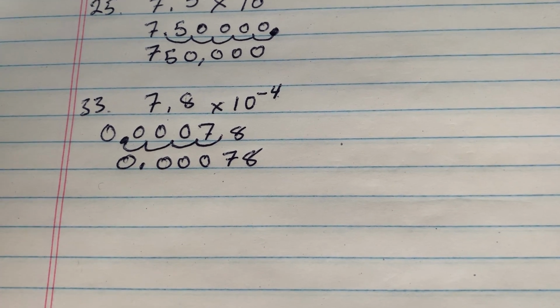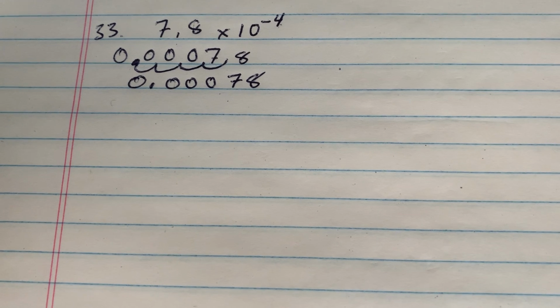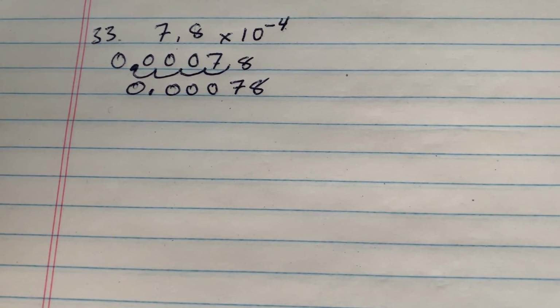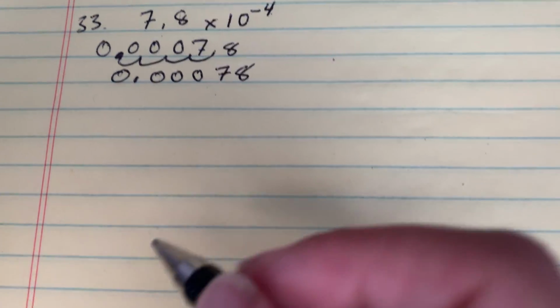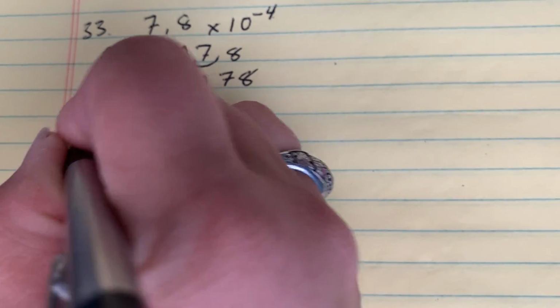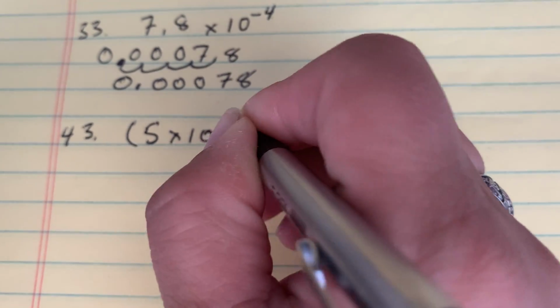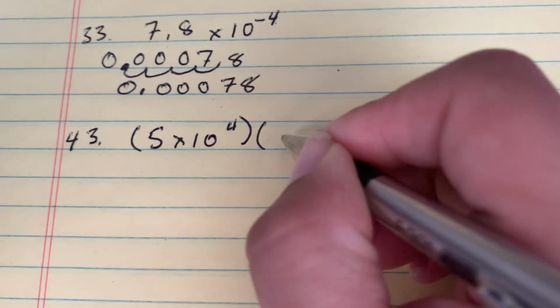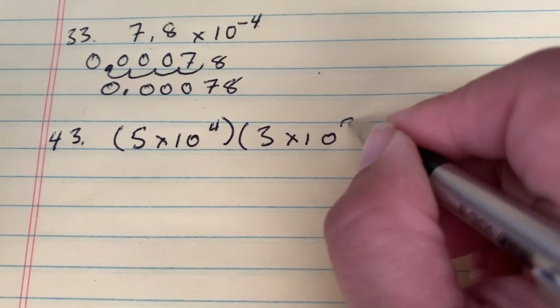All right, moving on to multiplying and dividing. So example 43, we have 5 times 10 to the 4th multiplied by 3 times 10 to the 2nd.